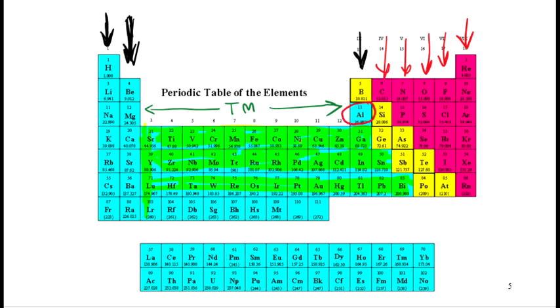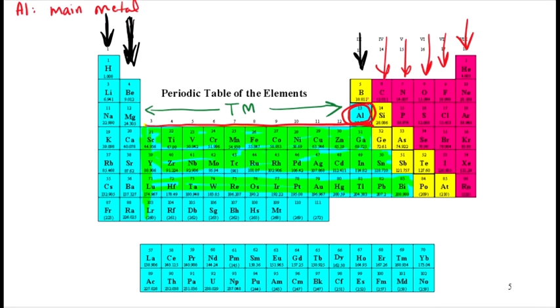Aluminum is not placed on the transition metal side because transition metals start with the short columns. Look, aluminum is not a transition metal. Aluminum is a main metal. So let me write it here: aluminum is main metal. And whenever we talk about transition metals, they are placed up to the metalloids.